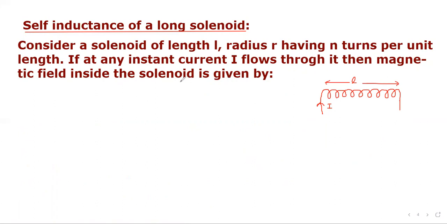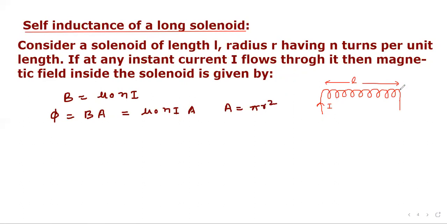Now, if at any instant current I flows through it, then magnetic field inside the solenoid is given by B equal to mu naught n I. So magnetic flux linked with each turn, flux phi with each turn will be equal to BA, that is mu naught n I times A, where A is the area of the turn, pi r square, not the area of cross section.